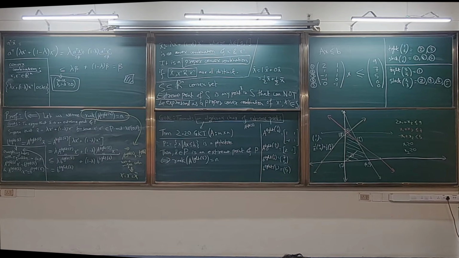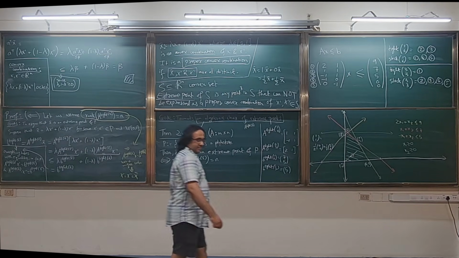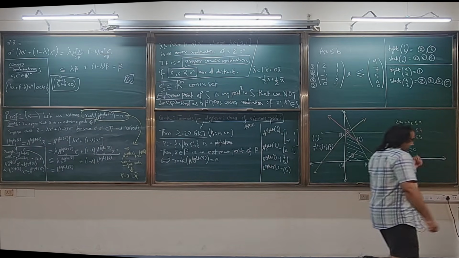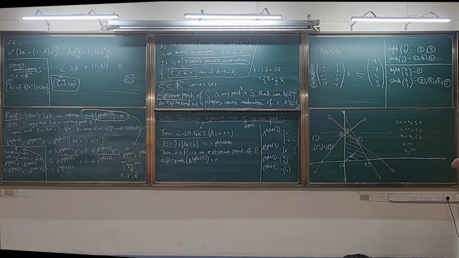X bar is anyway the solution to the system, right? Because that's how we define the tight matrices and vectors. A tight and b tight are exactly those rows that hold with equality for x bar. So x bar is a solution to the system, and x prime and x bar better be the same fellow. Well, we're done. Okay.